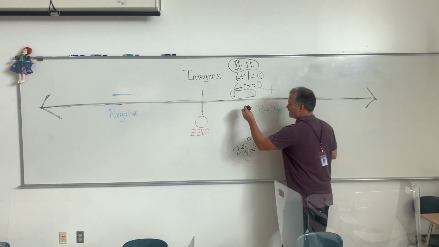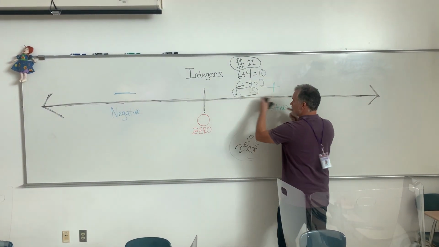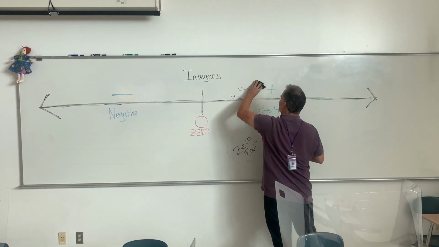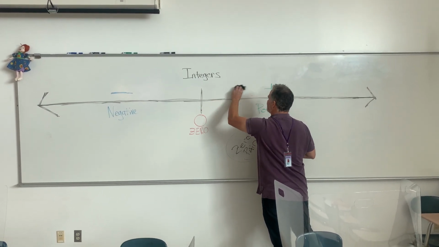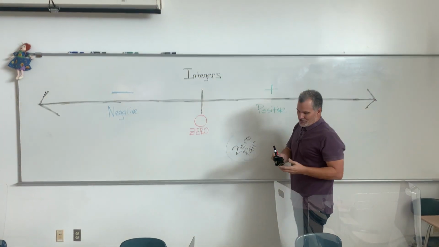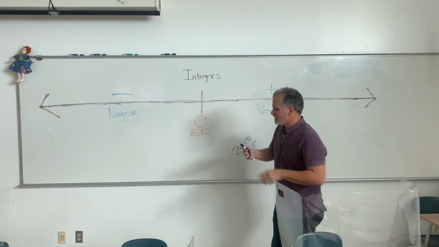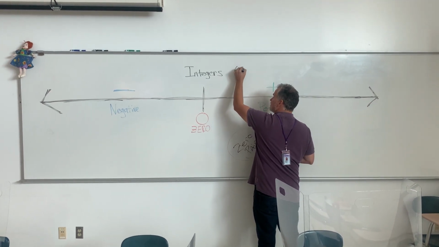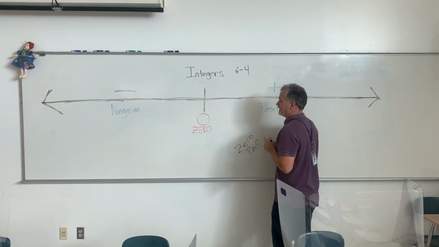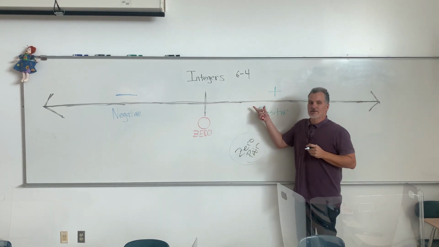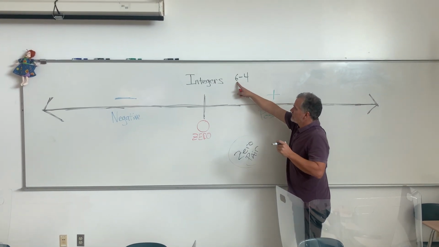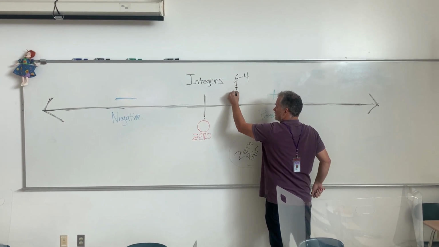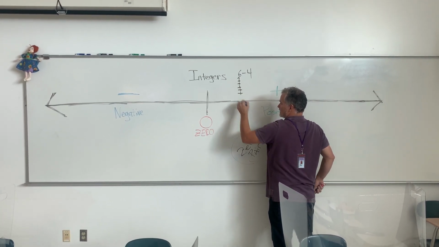Because what's got to happen is we've got to figure out how I move up and down this number line. So I'm going to get rid of all this real fast and try not to erase anything out. So now let's change our scenario, and let's say our scenario is 6 minus 4, right? So I'm going to start right here at 6. That's 6 positives, right? 1, 2, 3, 4, 5, 6.